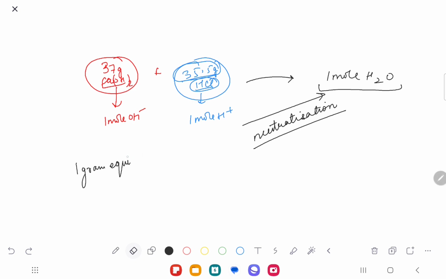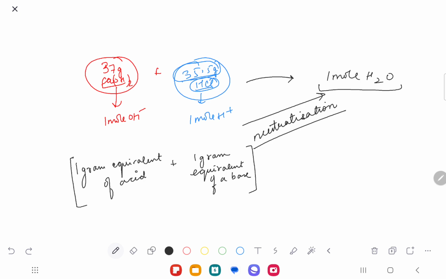So neutralization is when 1 gram equivalent of acid combines with 1 gram equivalent of a base. This is the concept.